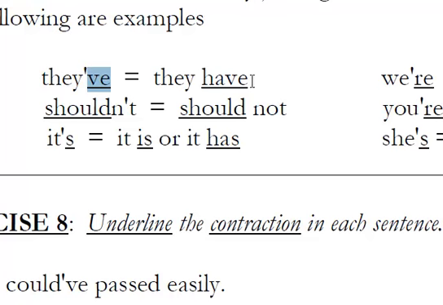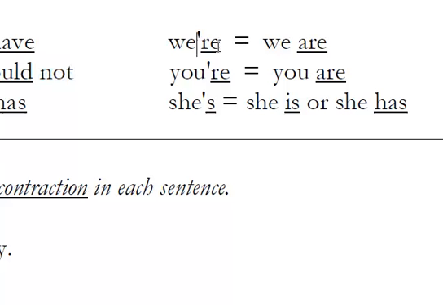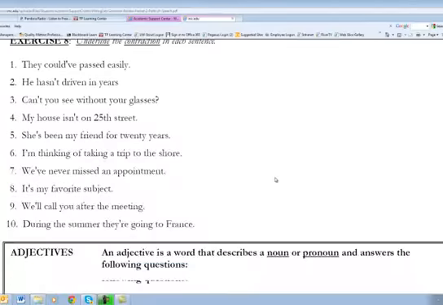So if you see they've, you see they have. Have is the only part of the verb. Same thing with a contraction like shouldn't. Should is part of the verb. Not is not considered part of our verb. So just be careful with contractions. If you see a contraction and you're asked to identify a verb, make sure you understand what part of the contraction actually is doing the job of the verb. Okay?